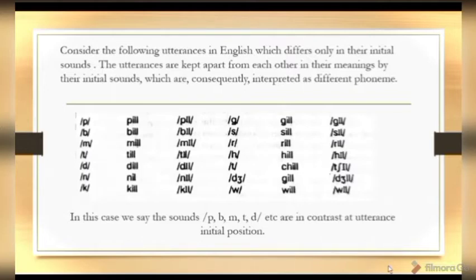The sound p is found in pill, b in bill, m in mail, t in tail, d in dale, n in nail, k in kill, g in gill, s in sale, r in real, h in hell, ch in chill, j in jail, w in will.